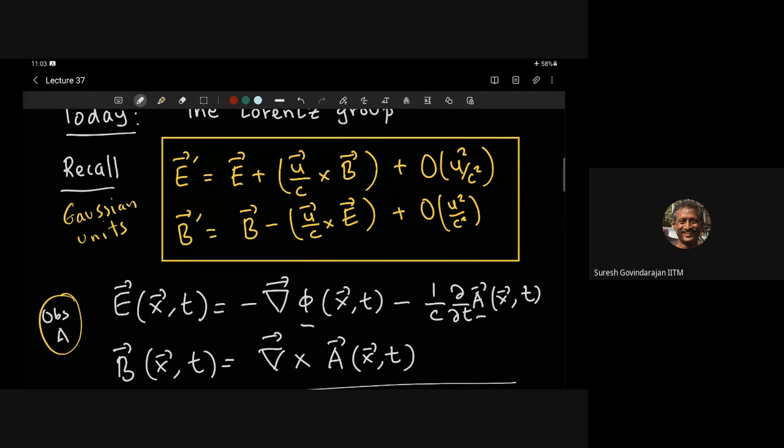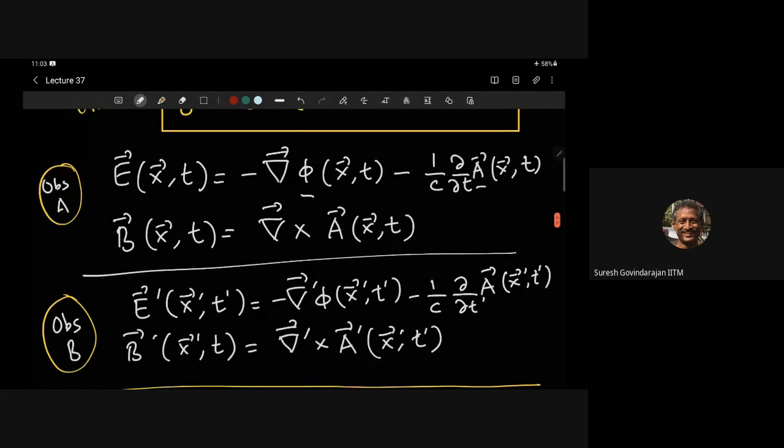Observer B will do something similar, except that everything we see here, he or she will add primes to. Are these formulae clear to you? Yes, sir.